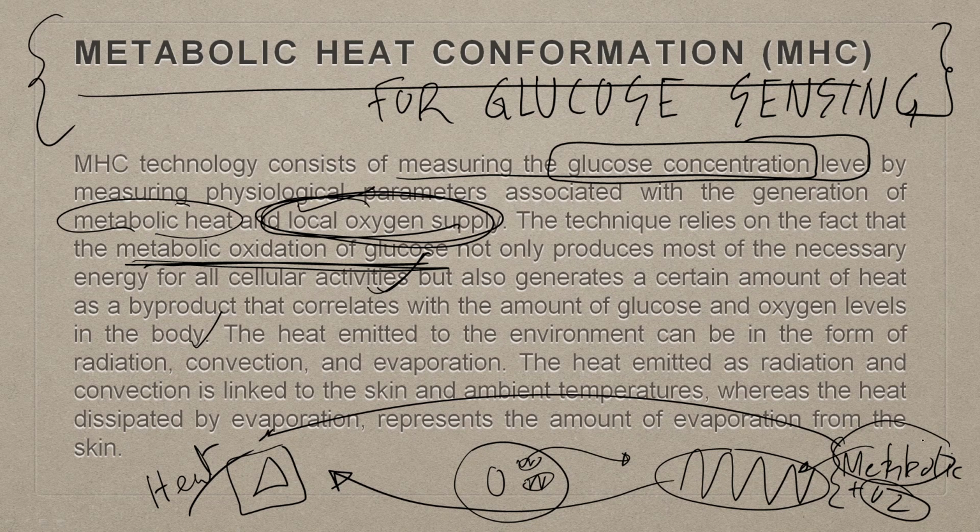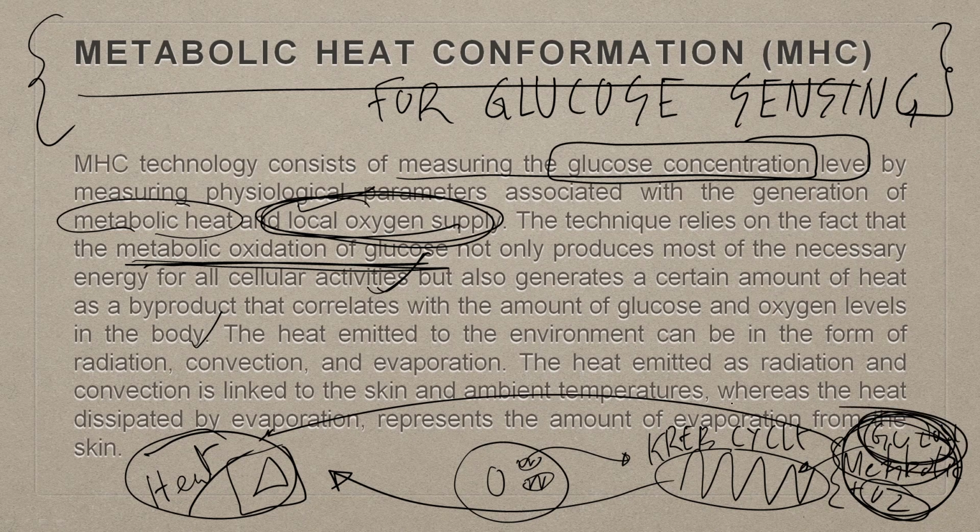So, this metabolism of glucose in the presence of oxygen using the Krebs cycle generates significant amount of heat when you add together. Now, the amount of heat could be directly correlated with the amount of raw material which is glucose.